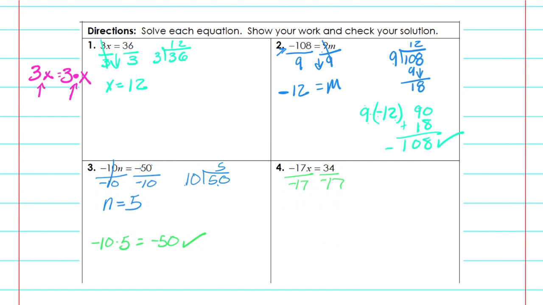So negative 17 divided by negative 17 will cancel out, leaving me only x equals. 17 goes into 34 twice, no remainders, so I have a 2, but pay attention, I have one negative and a positive here. So a negative divided by a positive, my answer is going to be negative. X equals negative 2.